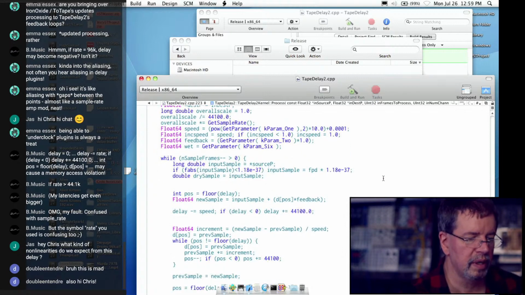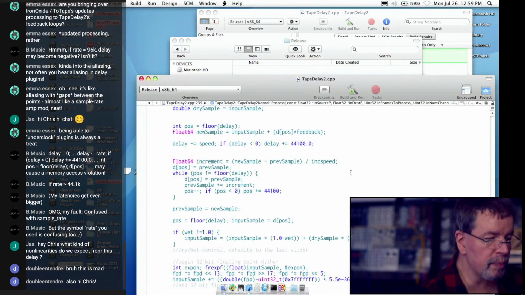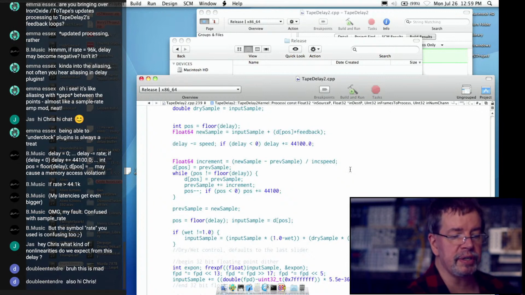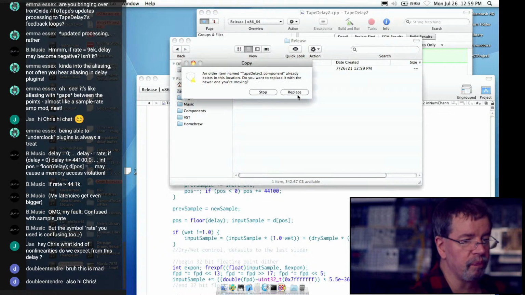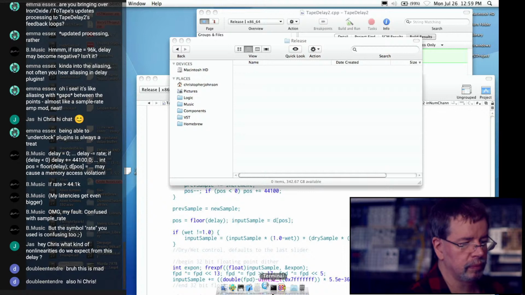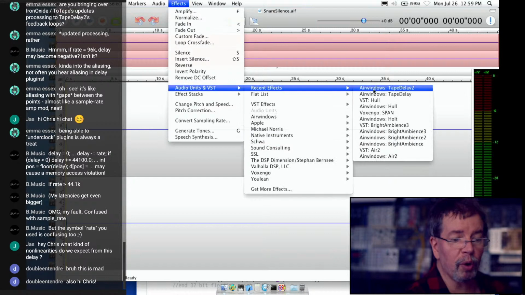Alrighty. Now let's see whether that does what I had hoped. Now we got increment as new sample minus previous sample, but it's limited. It doesn't get to become a huge number anymore. I'm surprised it worked the first time. I would have sworn that would have blown up with a big mess. Maybe it'll blow up with a big mess now.